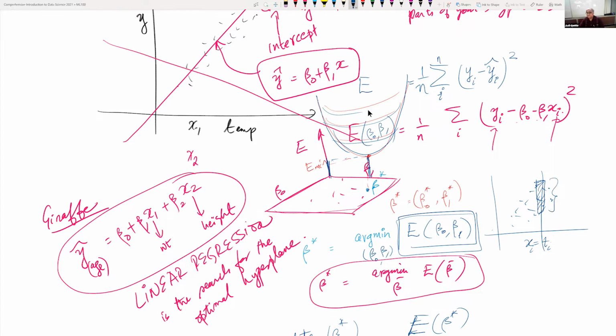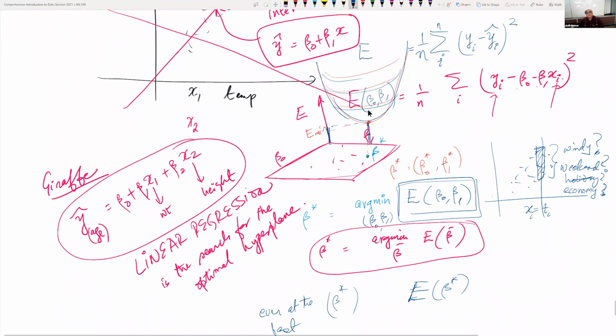This band represents such factors as, is it too windy, weekend or not, holiday or not, things like that. There are many factors that this represents. Perhaps it even represents the economy, right? When the economy is doing well, a lot of people feel confident, they're having fun. When the economy is tight, people are scared. They don't want to spend. So it represents all sorts of factors that you haven't accounted for. And that E-min remains.